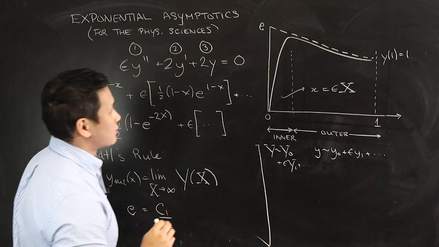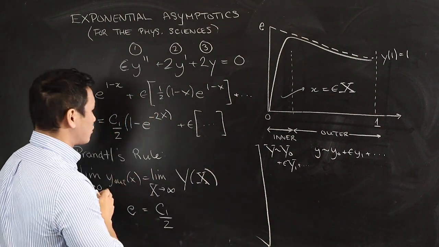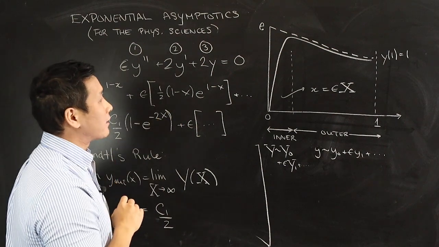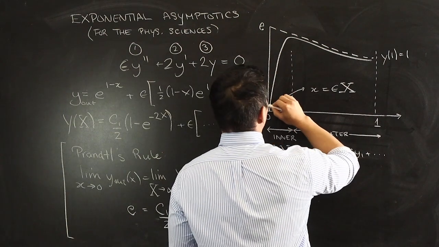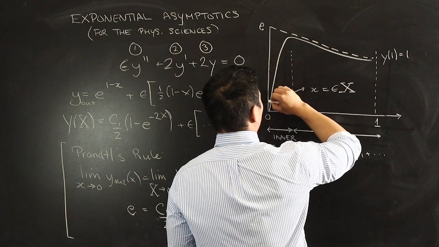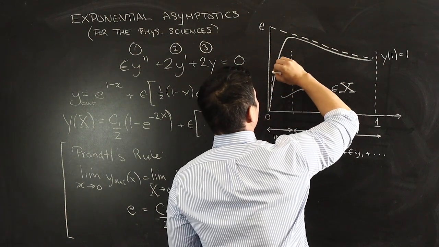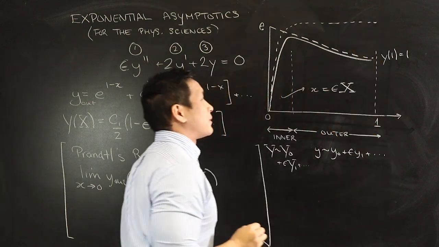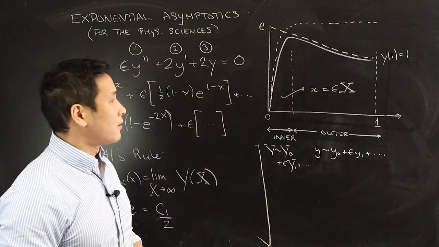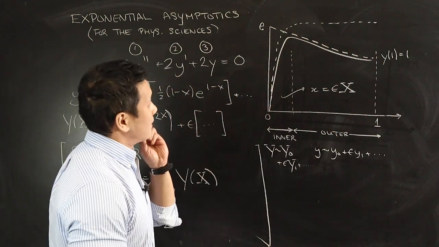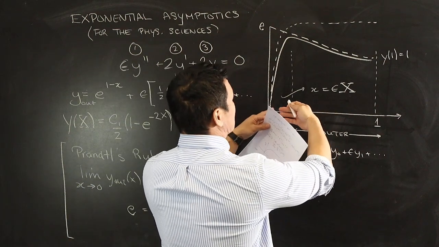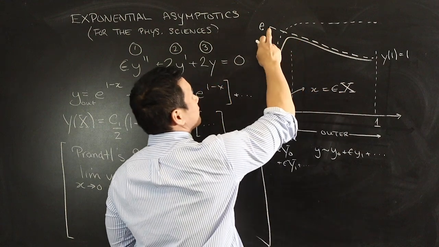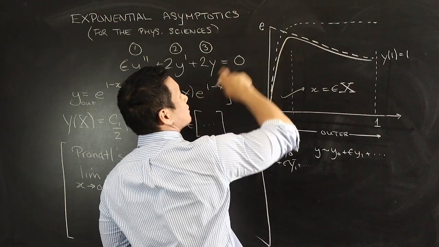And that's equivalent to, so the point is that your inner solution, if I plot this quantity here, 1 minus e to the minus 2x, this is a quantity that rises rapidly, and then it saturates as big X goes to infinity. And so the point is that as the domain gets smaller and smaller, this level at infinity, you want to match the inner limit of the outer expression, this e.